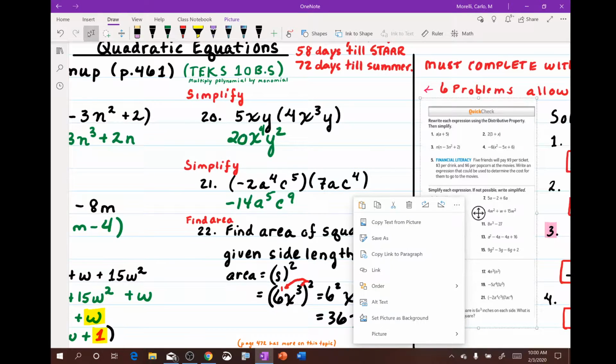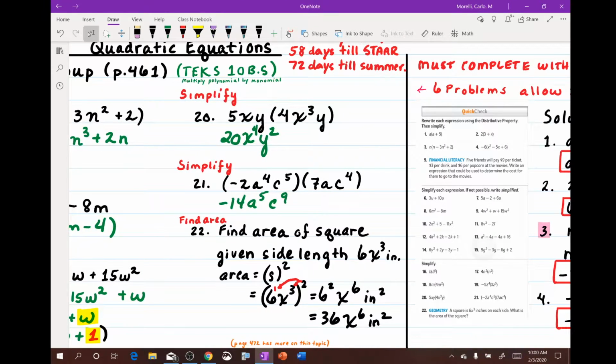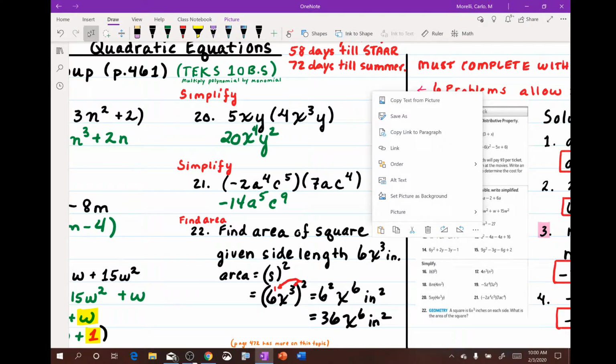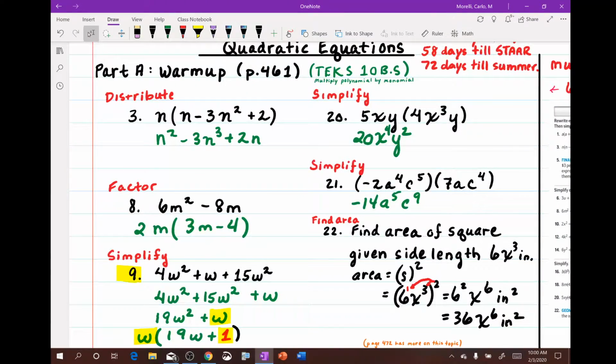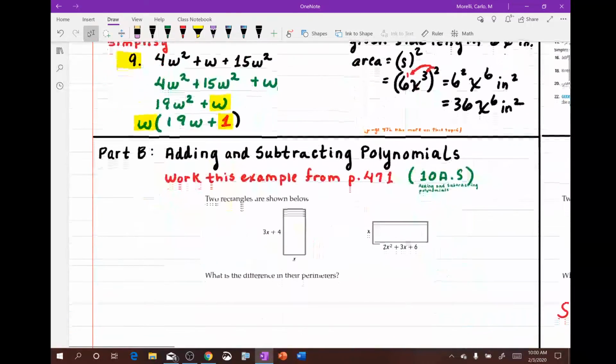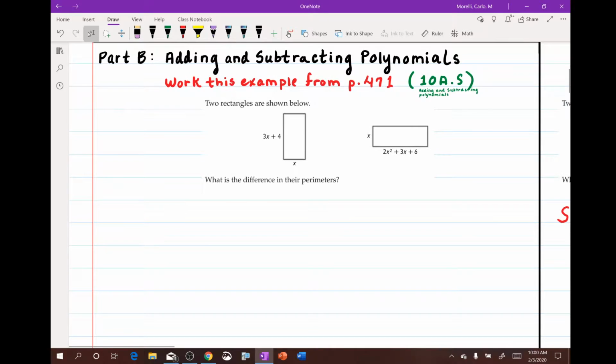I don't know why we're playing the game today where OneNote won't allow my fingers to expand and contract the page, but that's the game it wants to play with me today. So it crashed earlier in first period in the middle of the stream, so let's hope that doesn't happen.